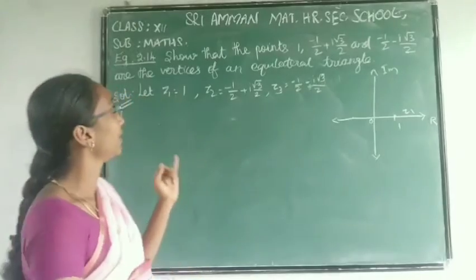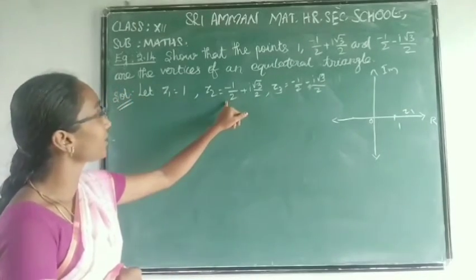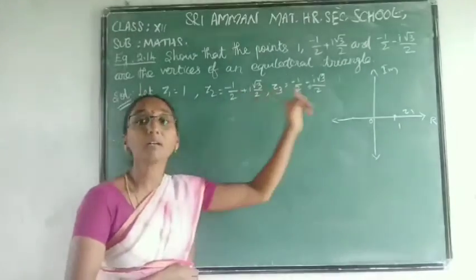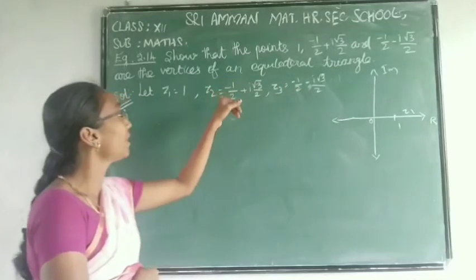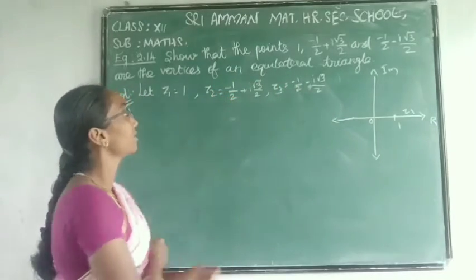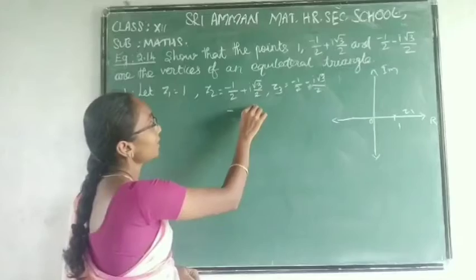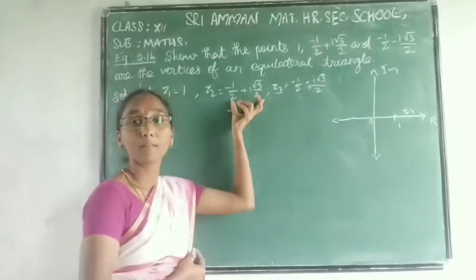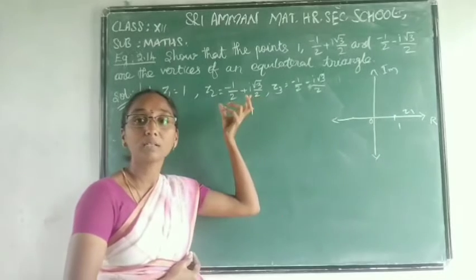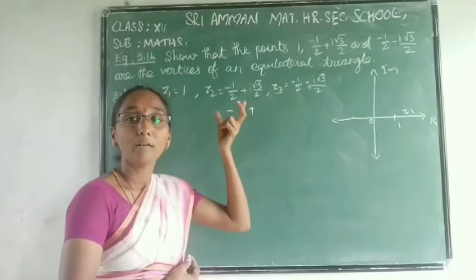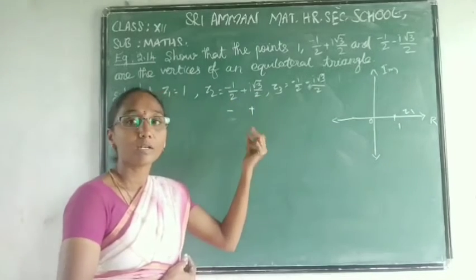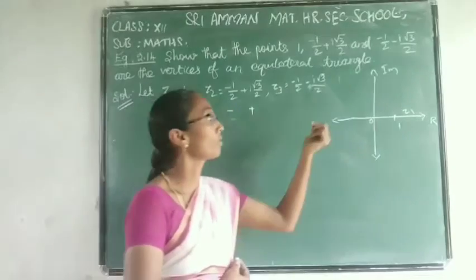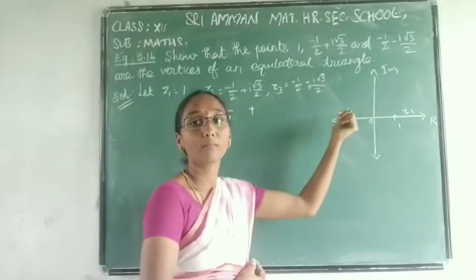Next, z2 we substitute in the Argand plane. The real part is negative and the imaginary part is positive. In which quadrant does this complex number lie? Negative, positive, so the second quadrant.